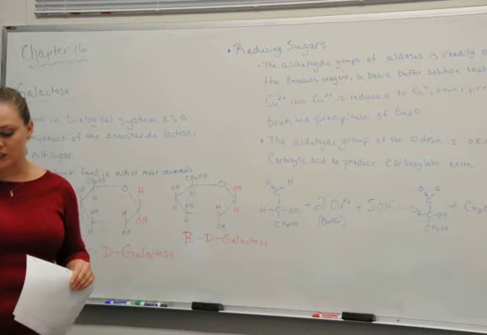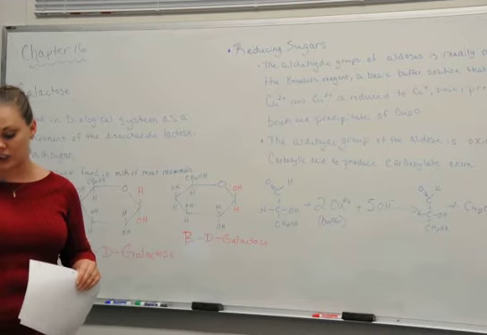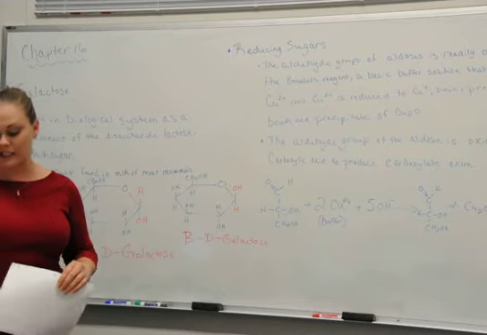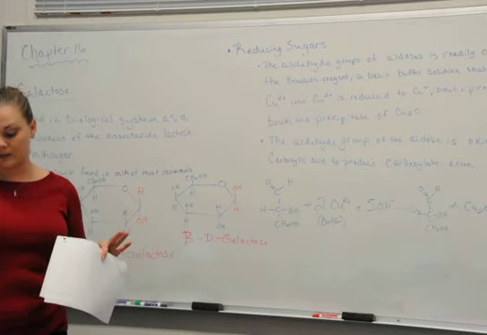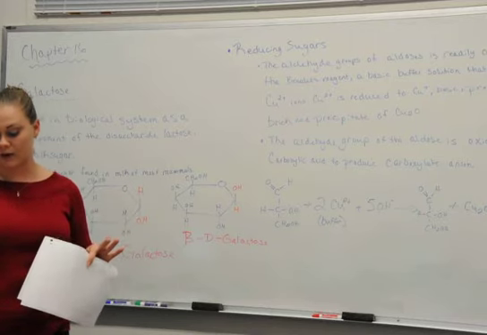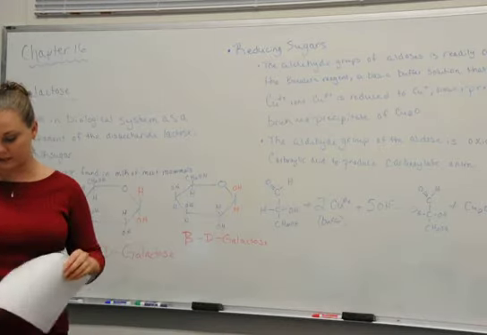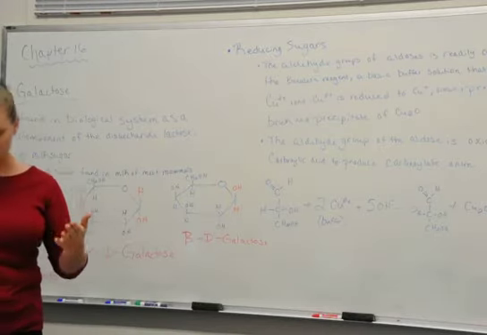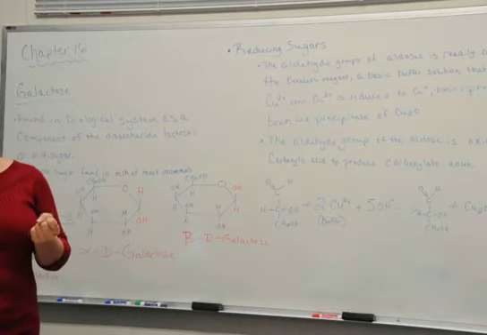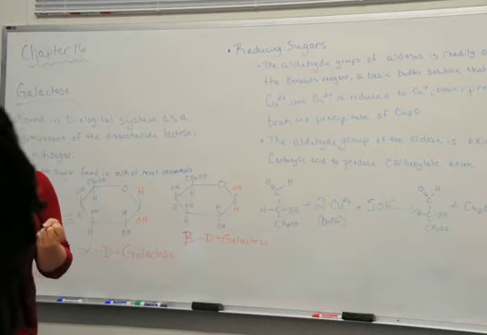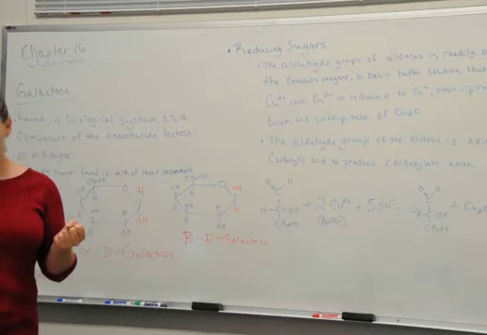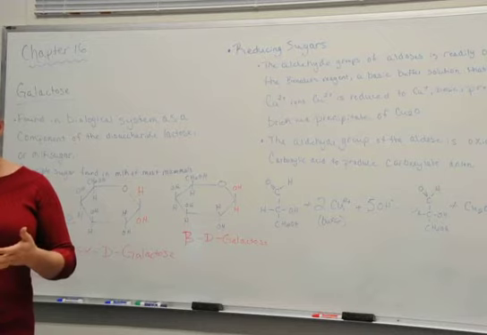Now, DNA, the molecule that carries the genetic information of cells, contains 2-deoxyribose. In this molecule, the OH group on the second carbon, that C2 means it's on the second carbon, has been replaced by hydrogen, hence the designation 2-deoxy. This indicates the absence of oxygen.